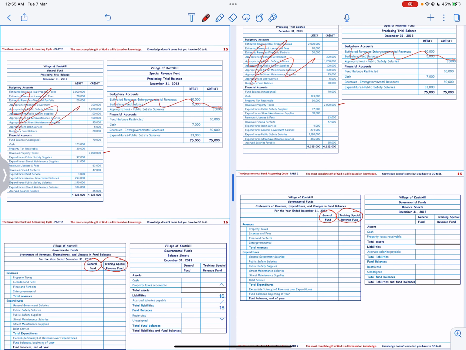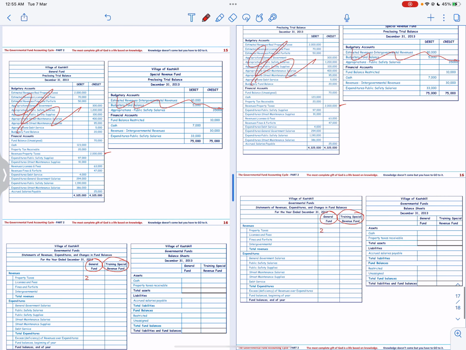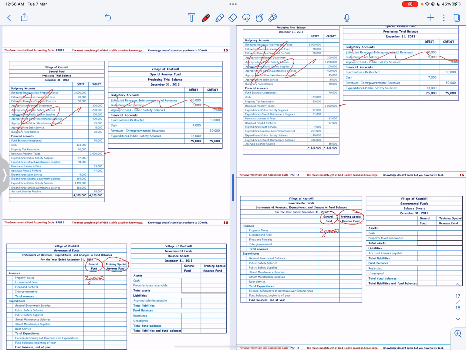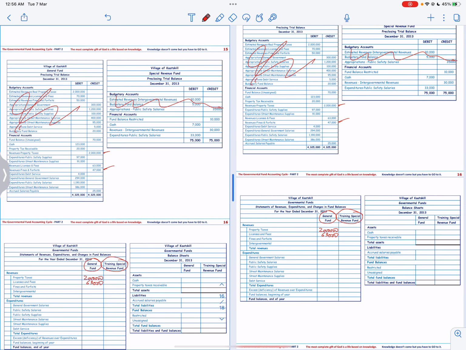Property taxes are 2 million. Licenses and fees are 63,000. And fines and forfeits are 47,000.